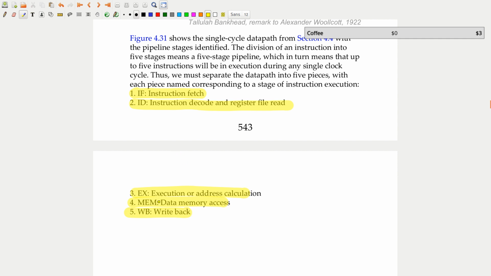Write-back means writing back to the register file. Memory means we're accessing data memory, not instruction memory. Execution is when we're using the ALU. Decode is when we're reading the register file, and instruction fetch is when we're reading instruction memory and getting our instructions.